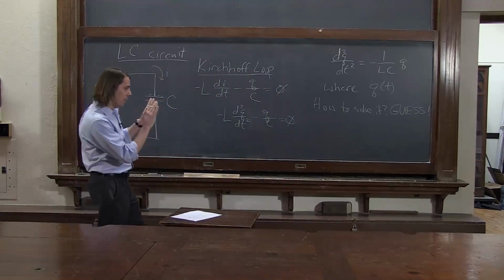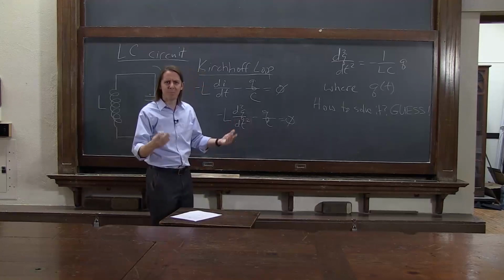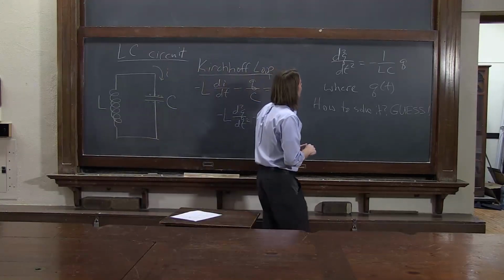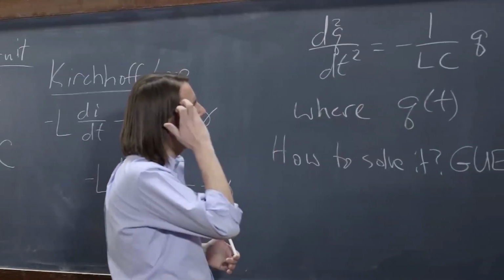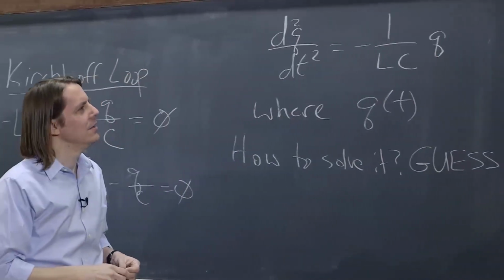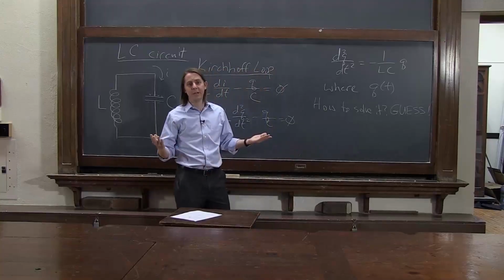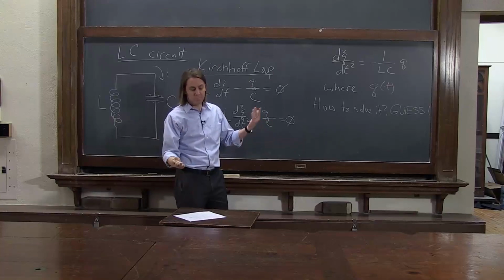Okay, so we're going to guess. So now, how do you guess? This sounds like you need experience and practice. Yes, that you do. You don't just get these mathematically, you guess. Well, you look at it, and you say, well, what function is equal to its own second derivative to within a constant? And you just start making up functions and see what you come up with.